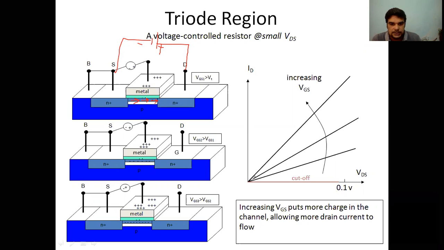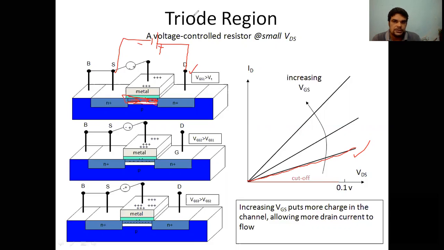So as you increase VDS, more and more electrons will move from source to drain, and hence drain current will increase linearly. Here drain current is increasing linearly. Why increasing linearly? Because the resistance of this channel is uniform in this case.